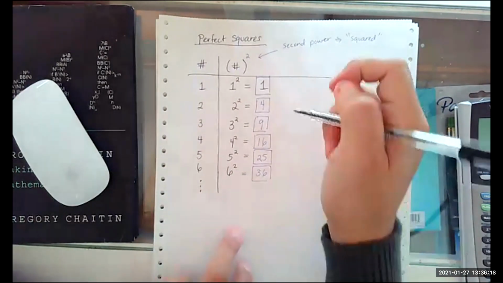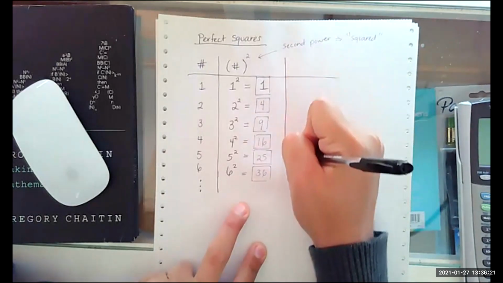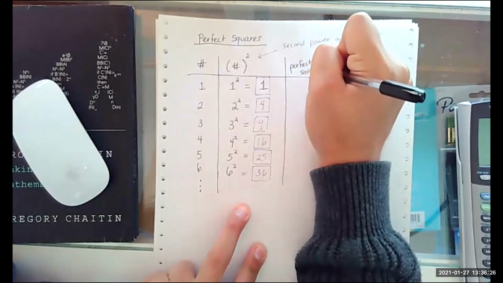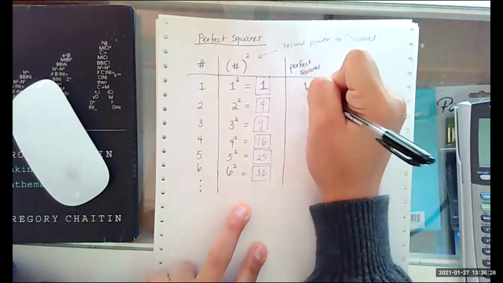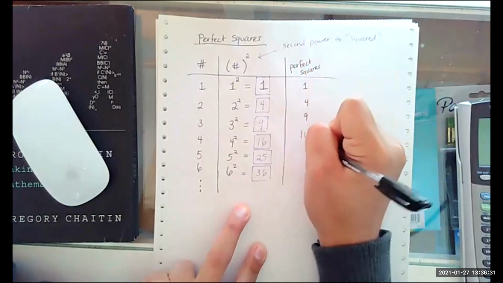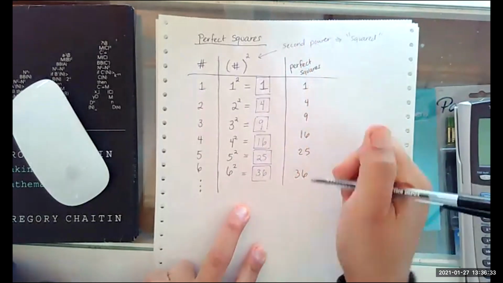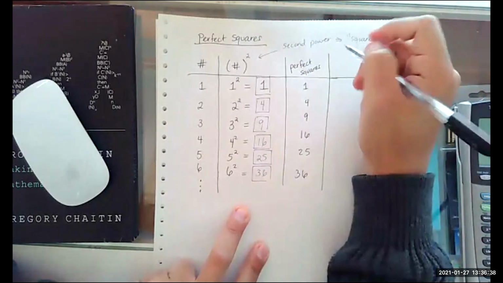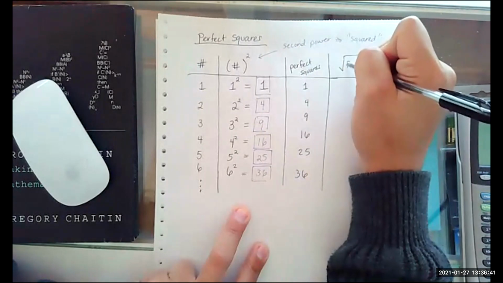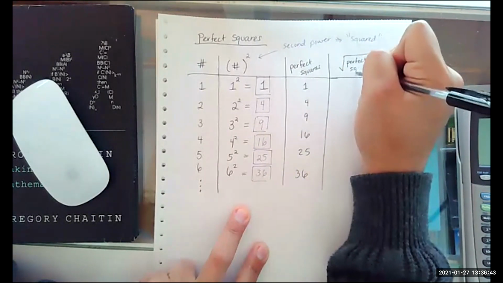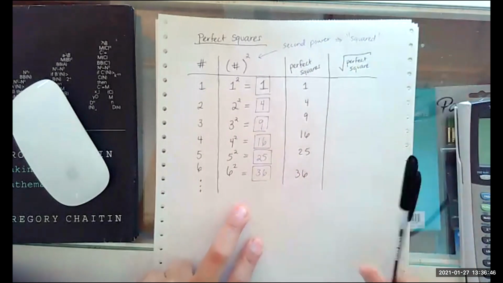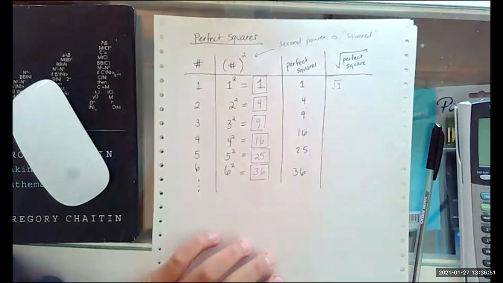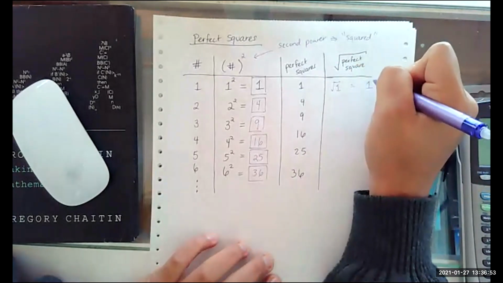Well, if you take your perfect squares, so your 1, your 4, your 9, your 16, your 25, and your 36, and then you perform this operation, the square root of your perfect square, so the square root of 1, you would just get 1.